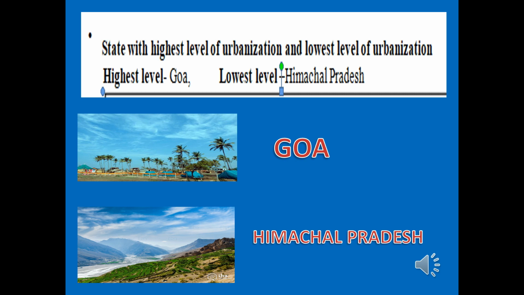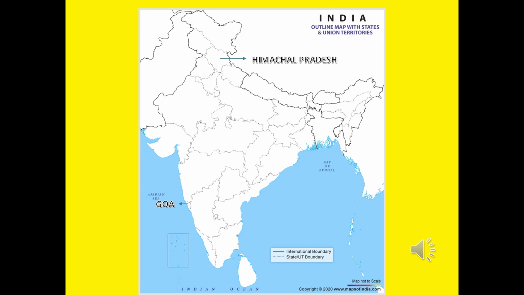State with highest level of urbanization and lowest level of urbanization, that is Goa and Himachal Pradesh. The location of these places on the political map of India are as follows.